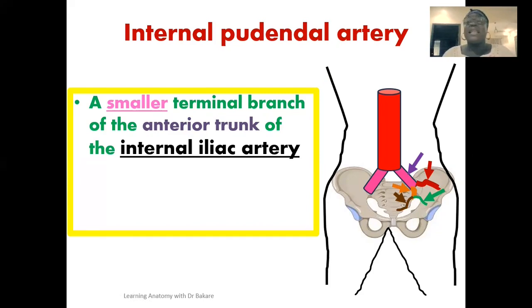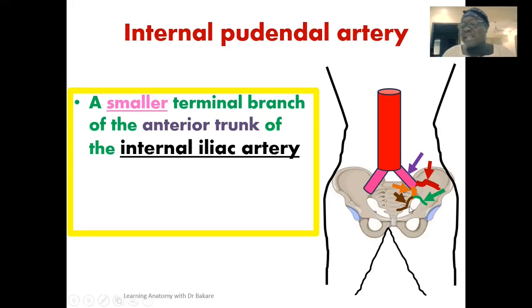If you've not checked that lecture, please kindly go and do so. In that lecture, we explained that the internal iliac artery is seen to further divide into the anterior trunk and also the posterior trunk. Also in that lecture, we described the different branches that are seen to emerge from both the anterior and also the posterior trunk.